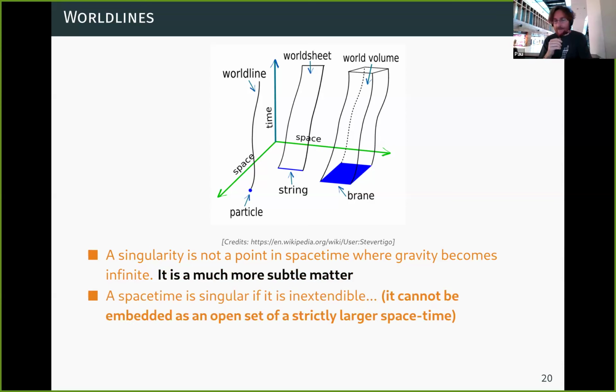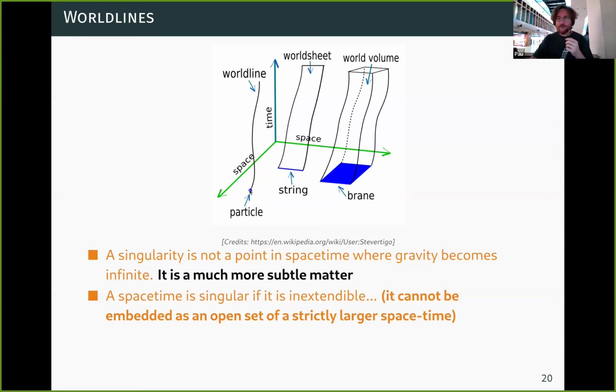A space-time, like our space-time, is singular if you cannot extend it, which means that you cannot embed it as an open set of a strictly larger space-time. This is a very convoluted way of saying that your worldline, so if this is your life, this is time, right?